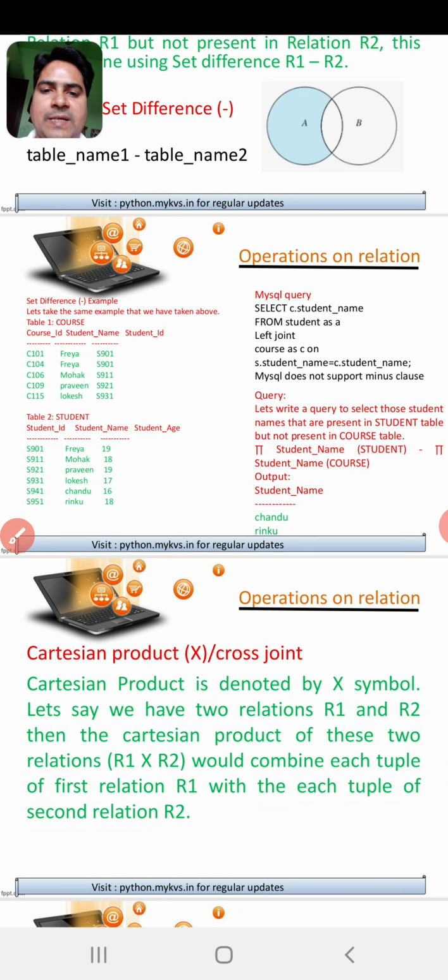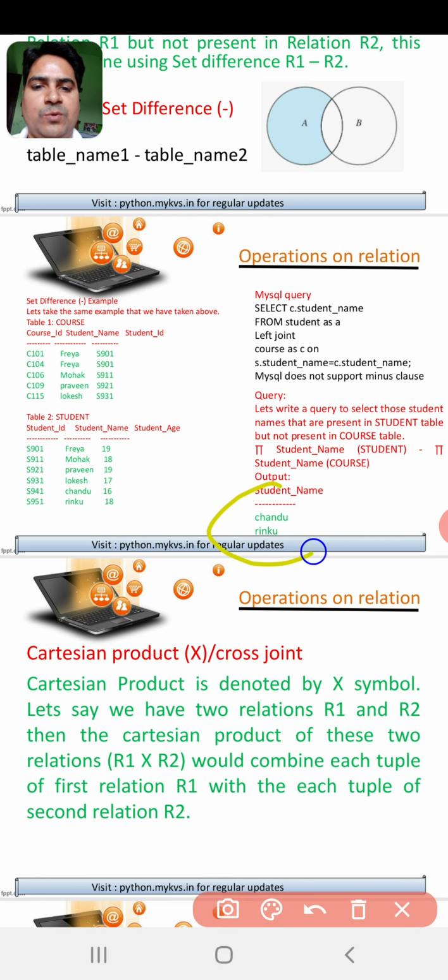Hence we are getting those two values, Chandu and Rinku here. Chandu and Rinku as output. Those names which are covered in student table and not in course table, and common names are also rejected. Only those names which are new in student table are given as output.